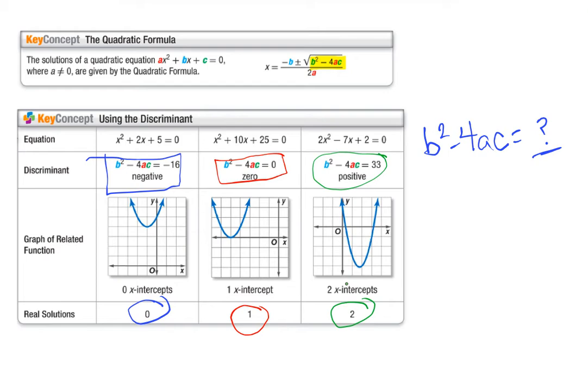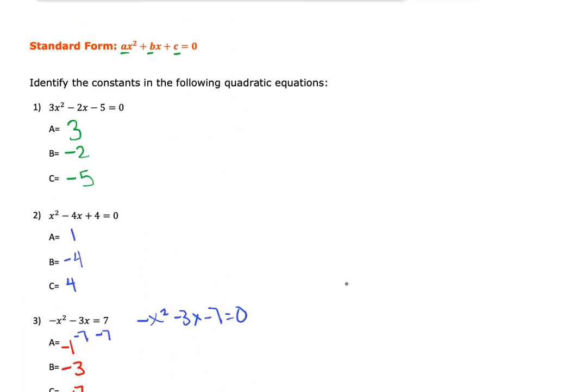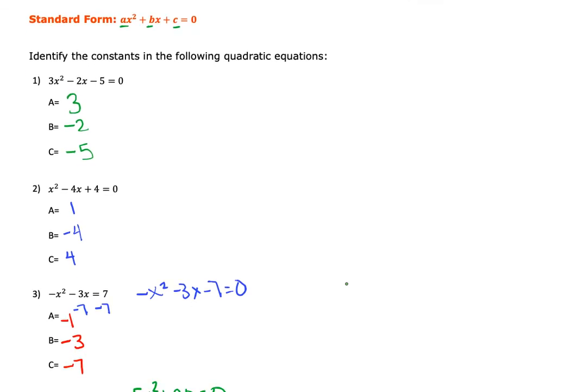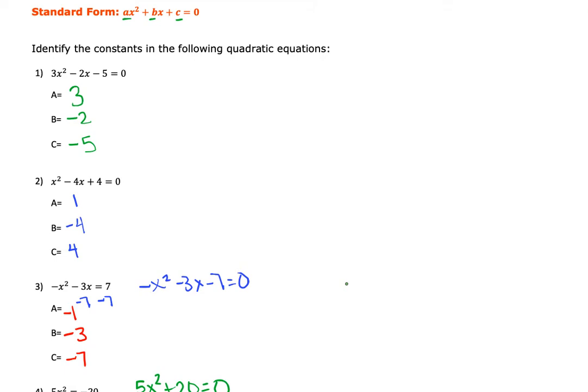So we already filled out our a, our b, and our c for all of these. So what we're going to do now is go through and find the discriminant and tell me how many solutions each of these have.